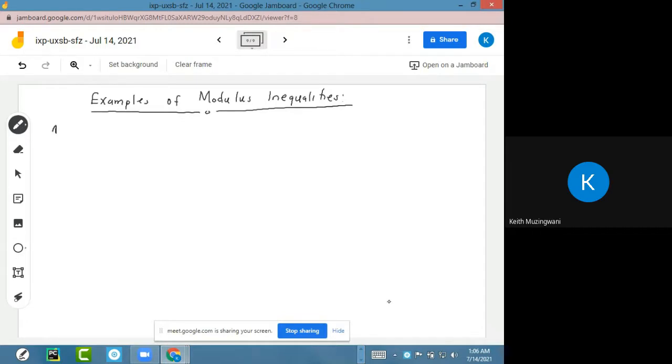The question will always be solved for x. So 1, if you have modulus of x plus 1 less than 3.